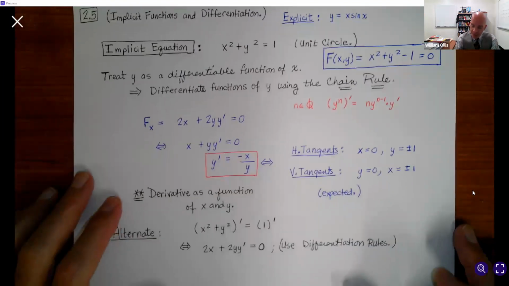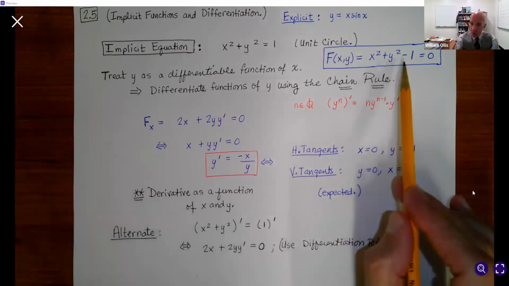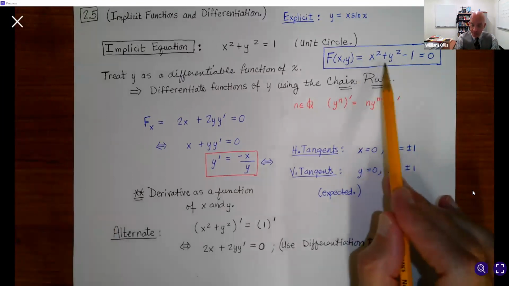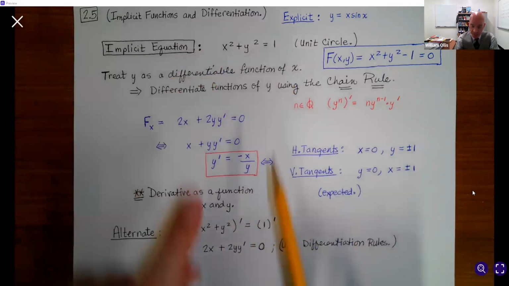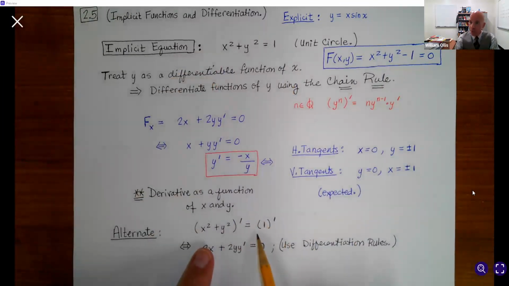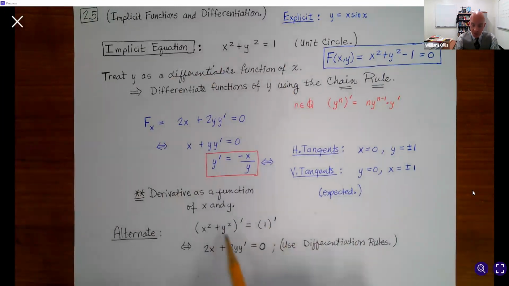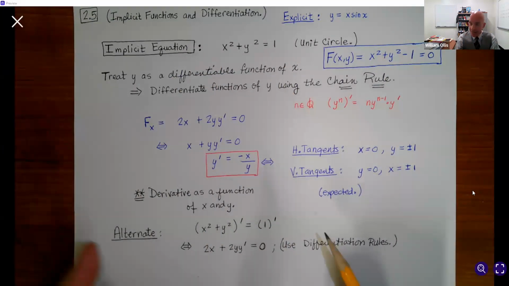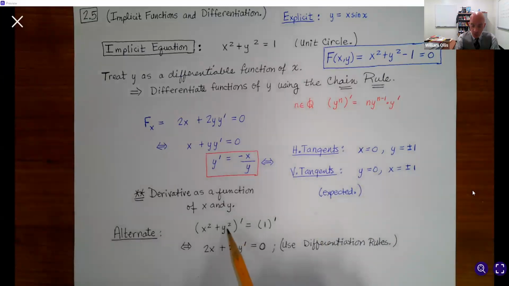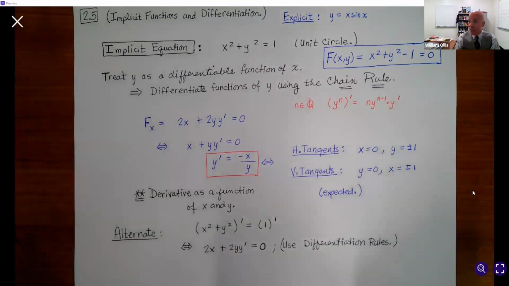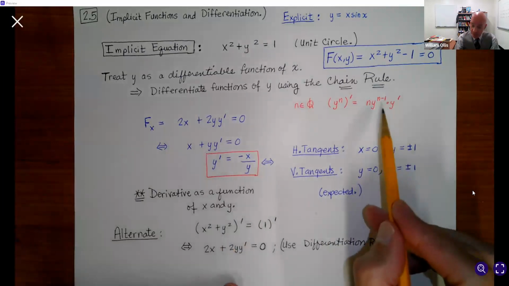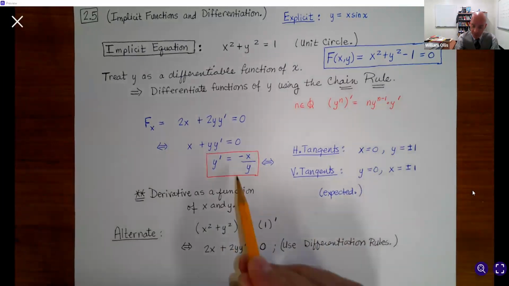So the idea here is that if you don't even want to think of writing an implicit function, you can simply take the original equation here and just differentiate it with the standard techniques. So differentiating the sum would just be taking the derivative of each term here and adding it, the sum rule, and then of course applying the chain rule to y as a differentiable function of x, again applying the power rule, and then back to here.